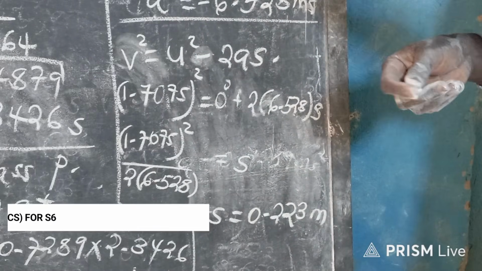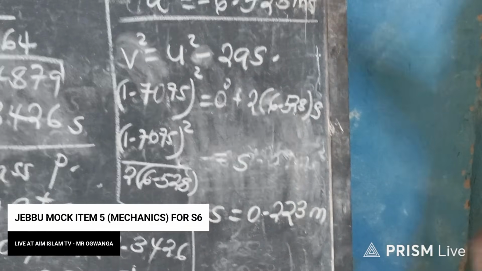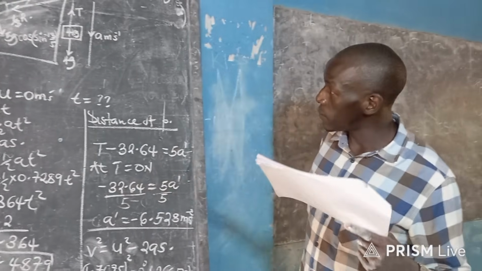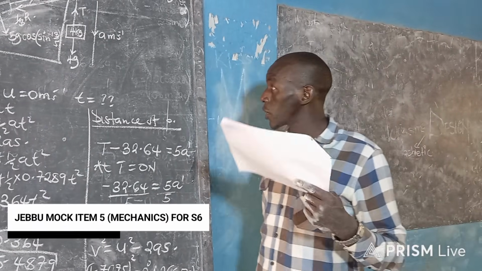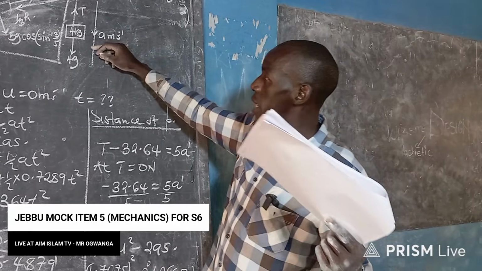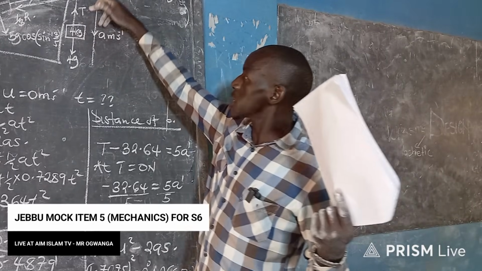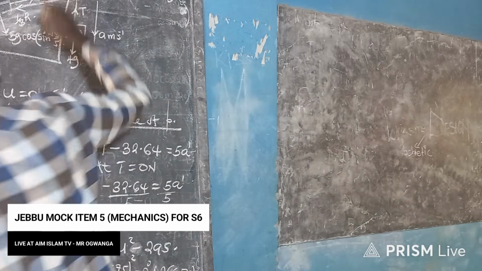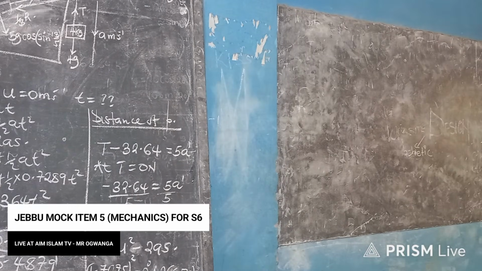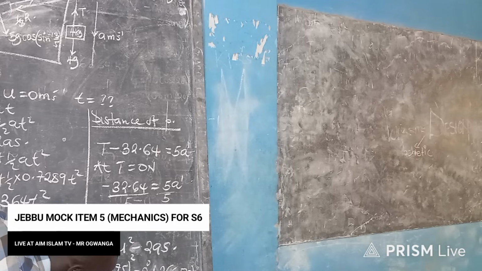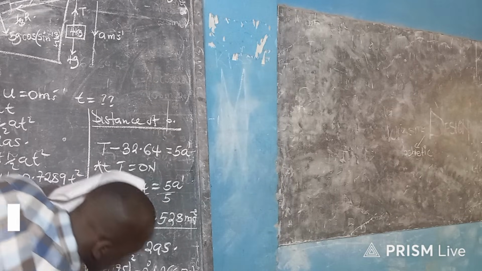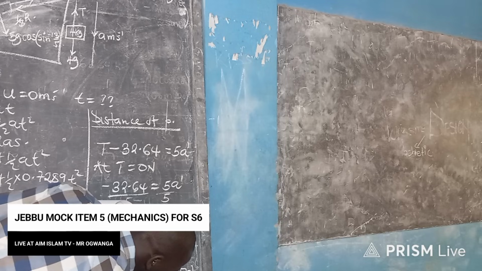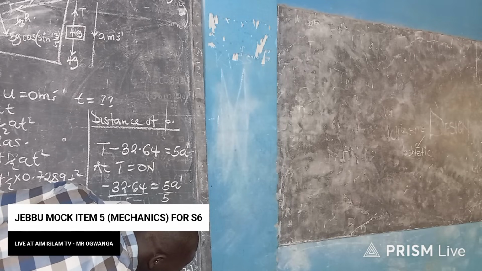But this is not the only distance P has to move, because they have told us that Q is initially 2 meters above the ground. If it is 2 meters above the ground, we should expect this one here to be up. So to get the distance of P, I'm going to take the 2 meters, which was already given for Q, and then add the obtained distance.